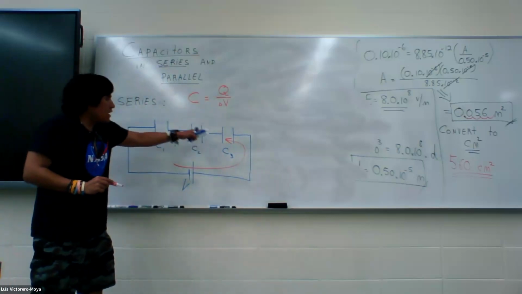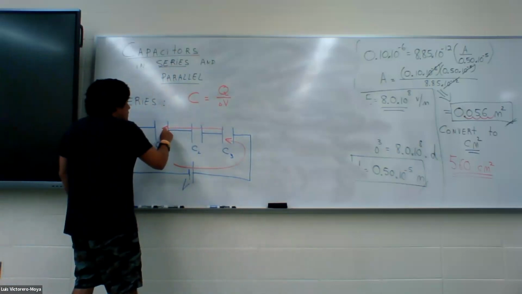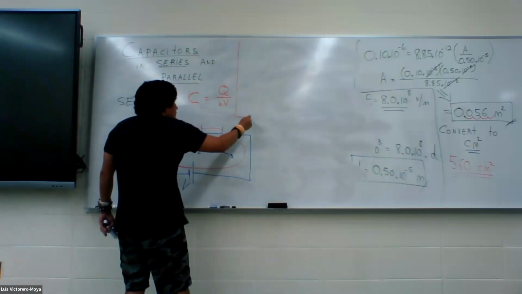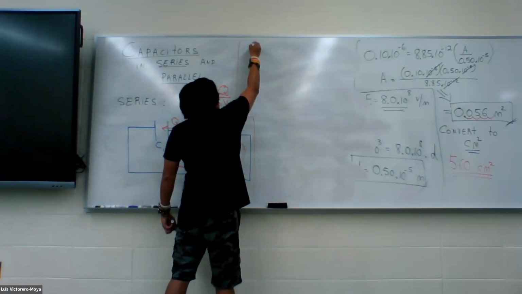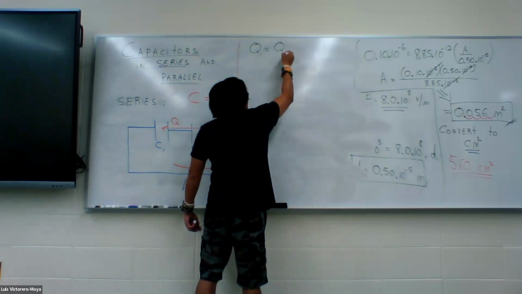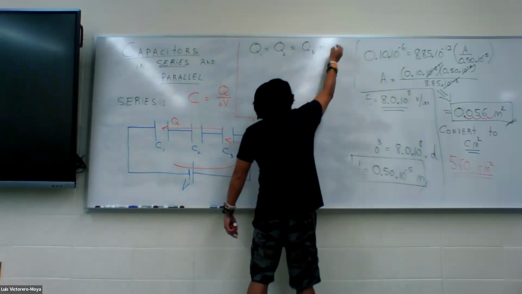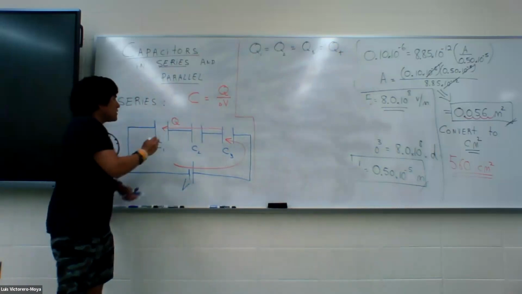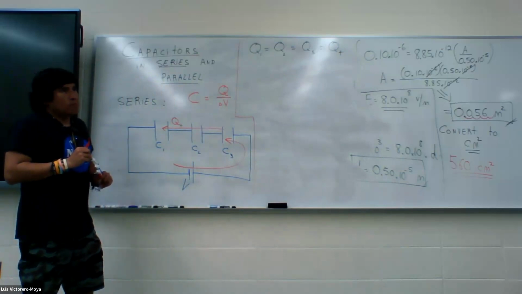And because they are in series, all the charge is the same. So you write here that the charge on 1 equals the charge on 2 equals the charge on 3 equals the total charge. So the total charge on the circuit is the same on each capacitor.